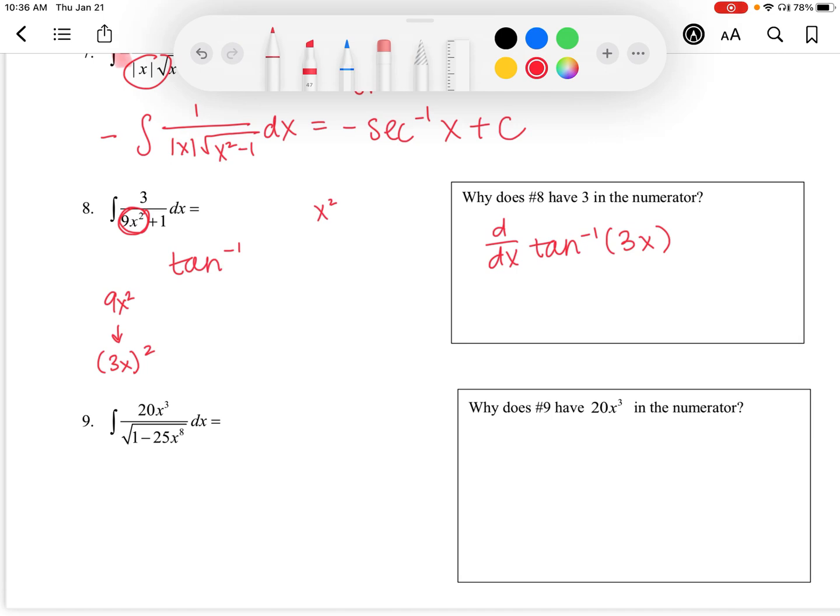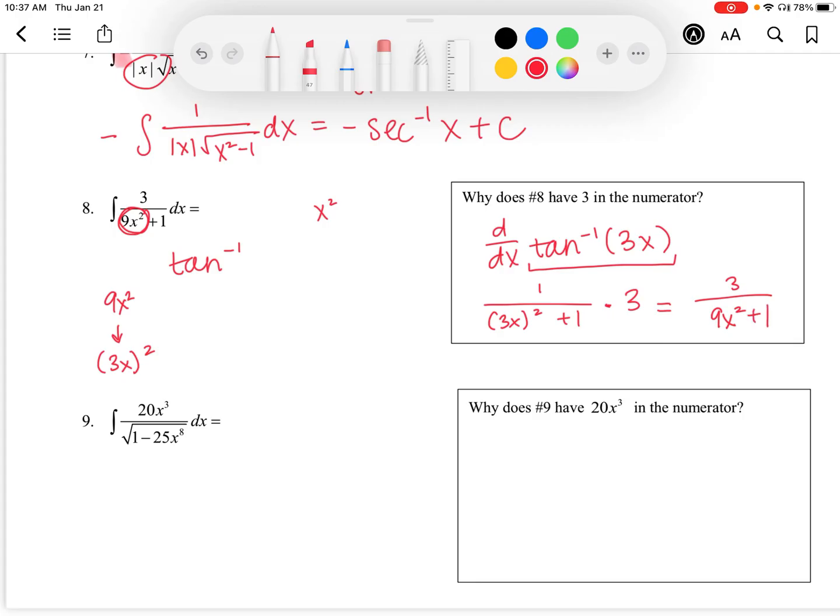So my chain rule, I would take that inverse tangent, and the derivative of the inverse tangent is 1 over whatever is inside the tangent, so 3x squared, and then plus 1. And then I'd multiply it by the derivative of that inside, which the derivative of 3x is just 3. So cleaning that up, I could put the 3 on top of the fraction, and then 3x squared would be a 9x squared plus 1.